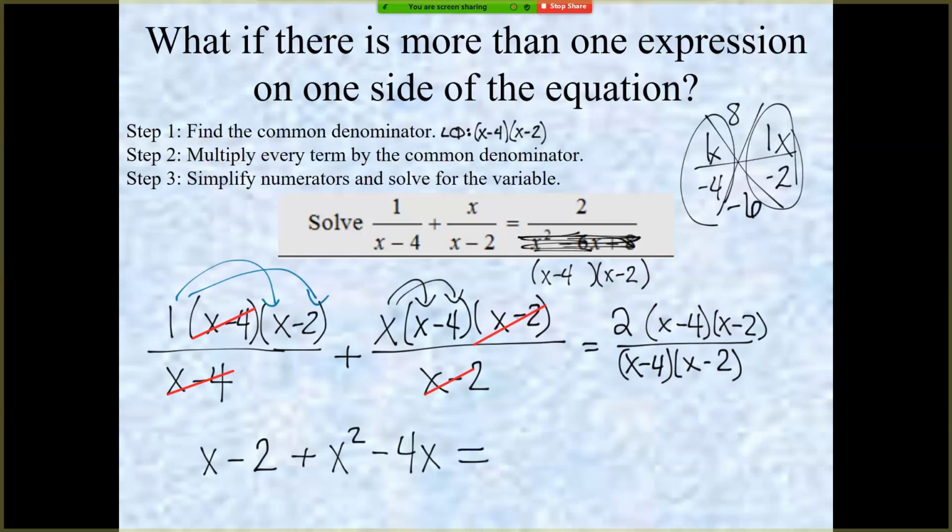Bring your equal sign down. For the fraction on the right, I can cancel the x minus 4 on the top with the x minus 4 on the bottom. And I can cancel the x minus 2 on the top with the x minus 2 on the bottom, which just leaves me with the number 2.